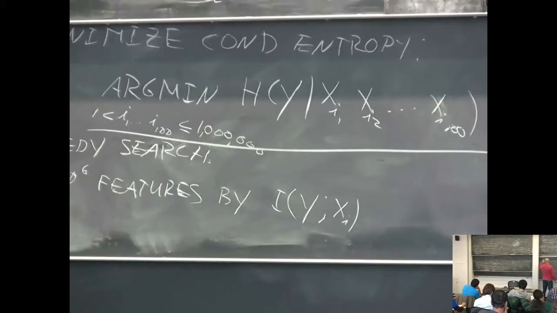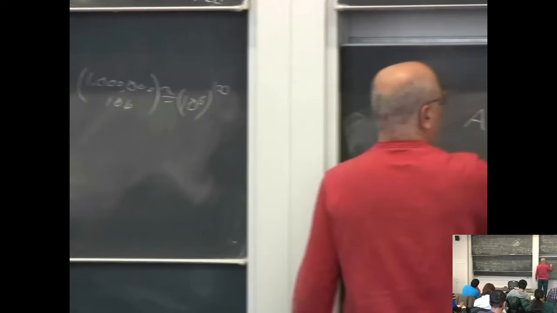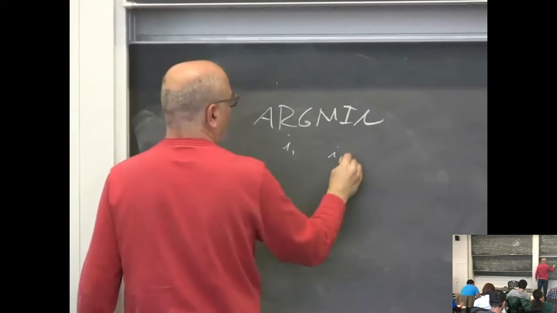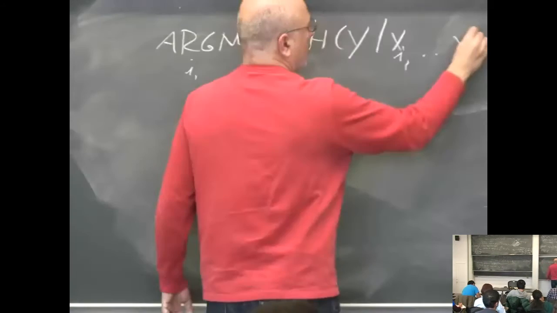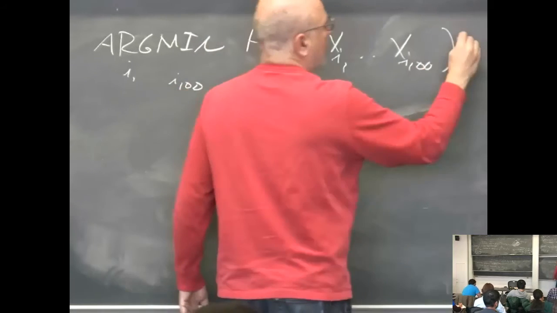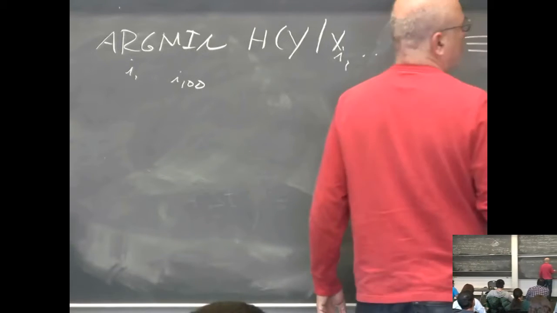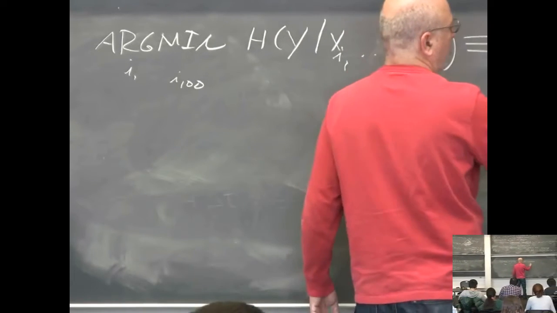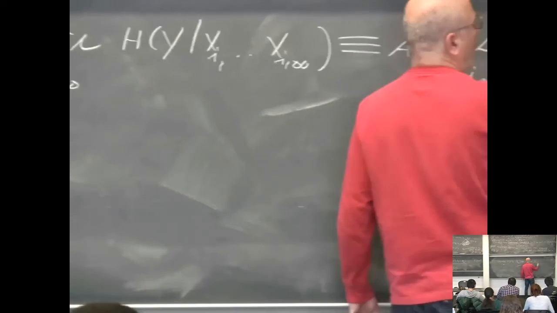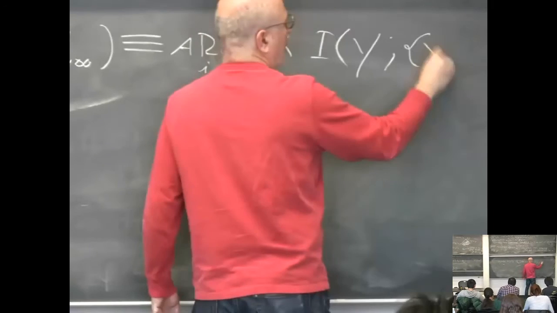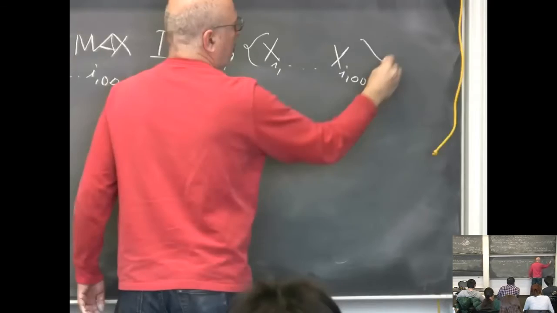Let me write here explicitly that the thing that minimizes over all the indices, i1 through i100, the conditional entropy of y given x_i1 through x_i100 is the same thing that maximizes, over the same indices i1 through i100, the mutual information between y on one side and x_i1 through x_i100 on the other side.